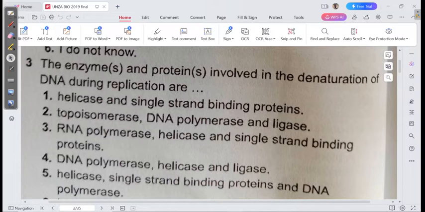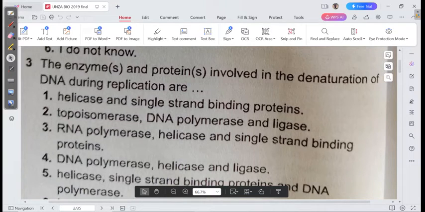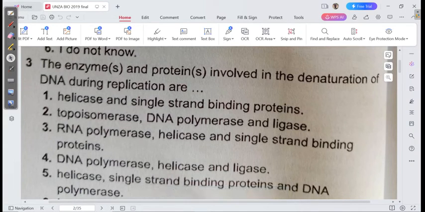Then 4 is saying DNA polymerase, helicase, and ligase. 5 is saying helicase, single-stranded binding proteins, and DNA polymerase. So what is the correct option to this question?